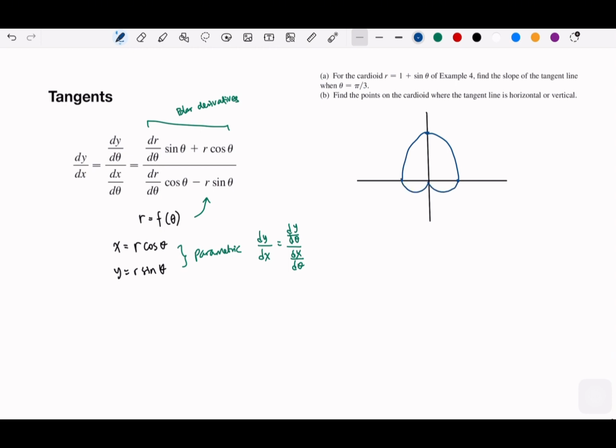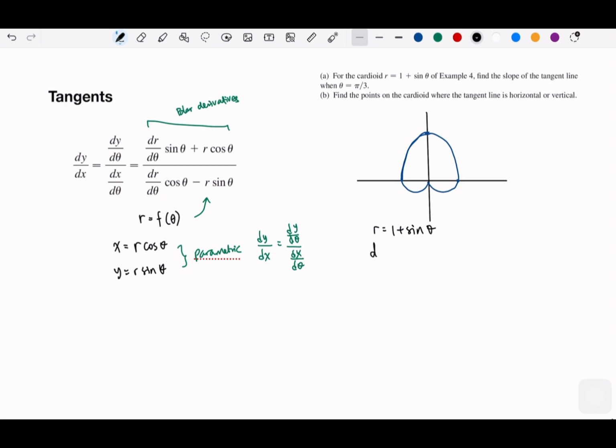Okay, let's say that's our cardioid. Find the slope of the tangent line when theta is equal to pi over 3. So let's say this is the r, and then we are going to find dy over dx.